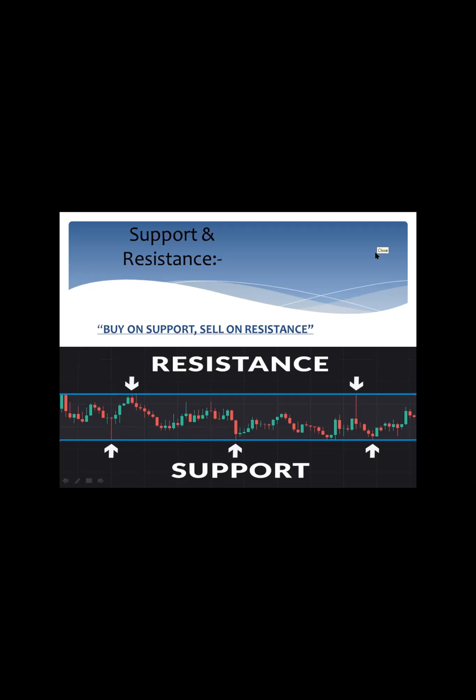Sir, this cup and handle pattern may look like a double bottom. I don't know how to differentiate between them. It can never look like a double bottom because of the channel that has formed after the cup, like out here, I'm drawing.